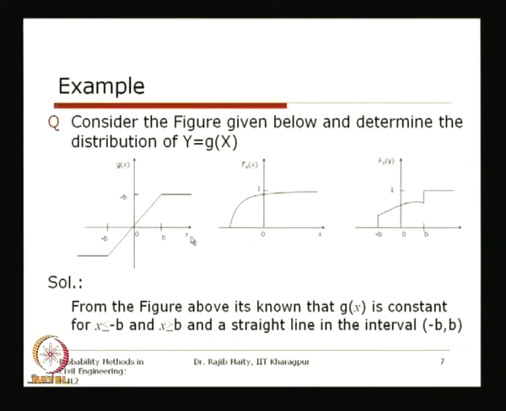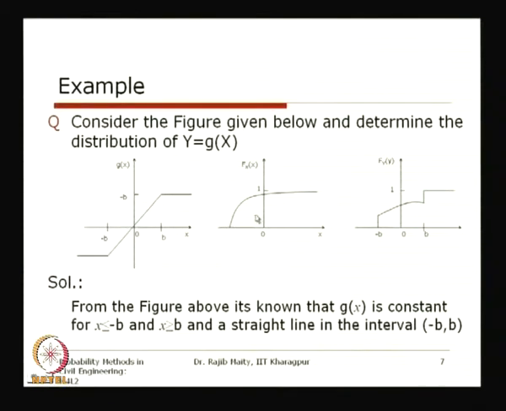If we know the distribution of x, what should be the distribution of g(x)? For the linear region, whatever we have discussed so far makes it easy: I take any specific value of y, find the corresponding value of x, and find the density function. But here we are more interested in the zones where the relationship is constant. So these two zones we will see.